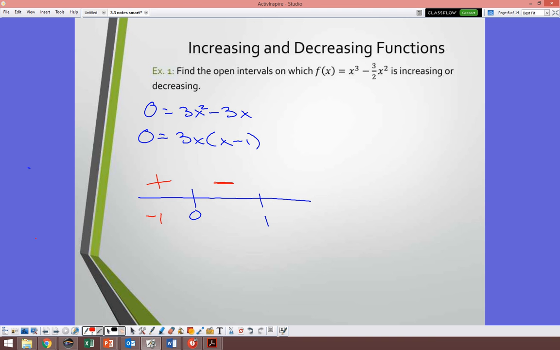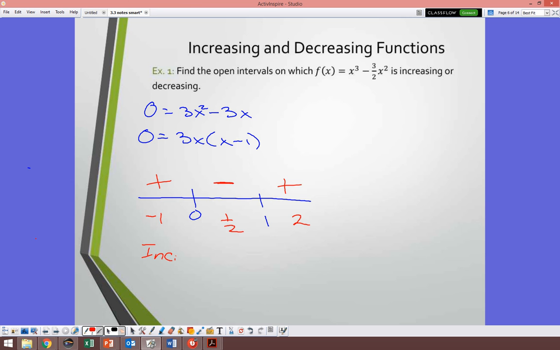Give me a number on the other side. 2. So let's plug in 2. This is going to give me a positive, and this one's going to give me a positive 6. Positive times positive is positive.